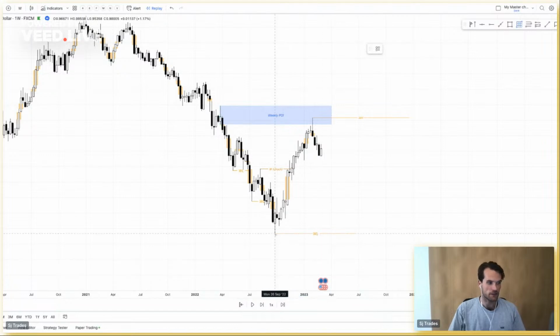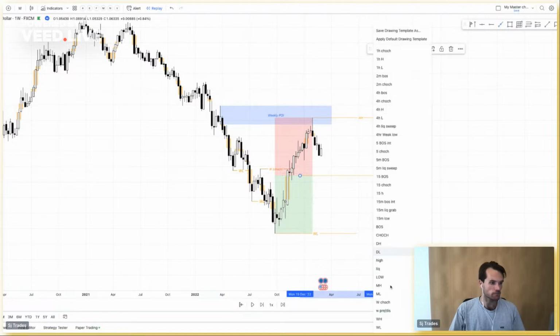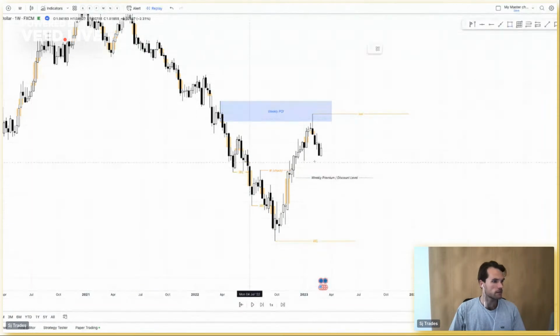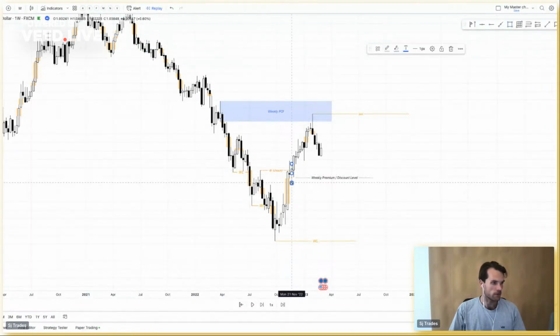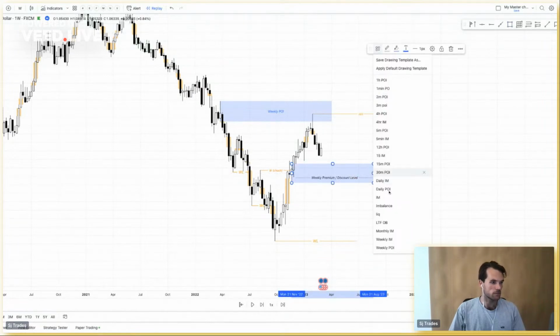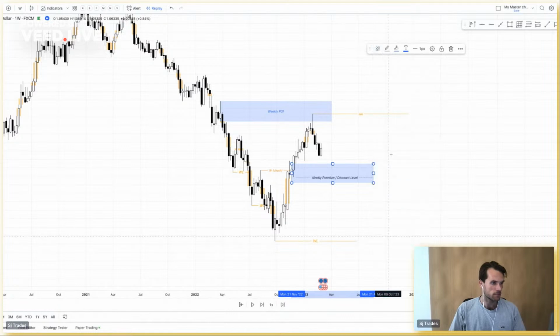Another thing I look at, because it looks like we are having a bit of a weekly pullback here, I'll mark this out. So we've got premium discount. Let's mark that out roughly. There we go, just for later. But we've got a couple areas that we're looking at. We've got a nice weekly point of interest.